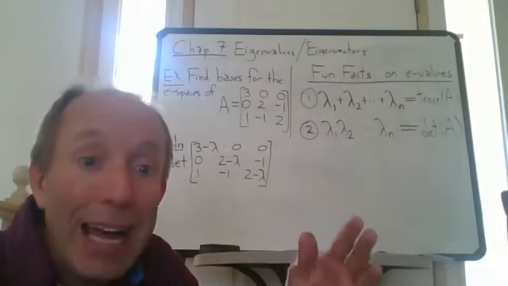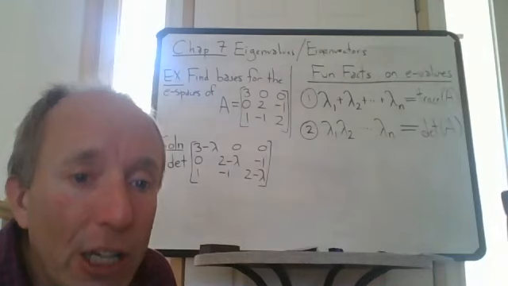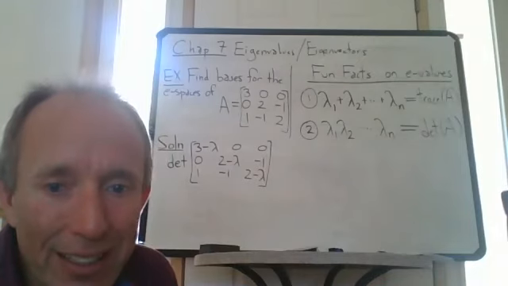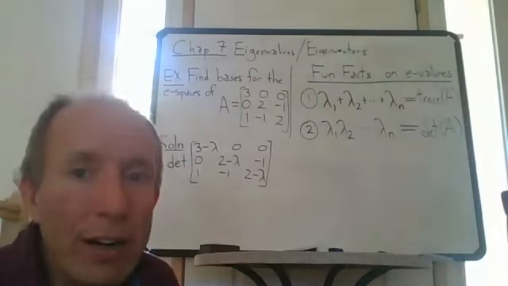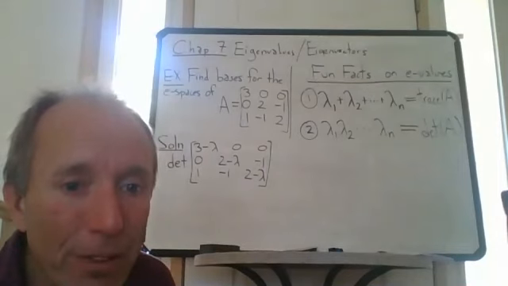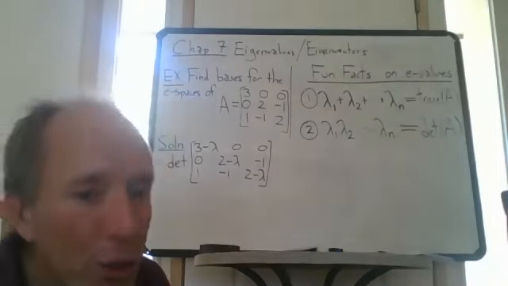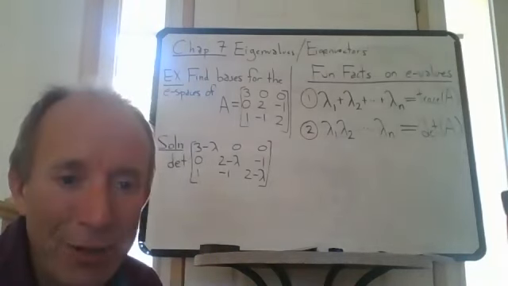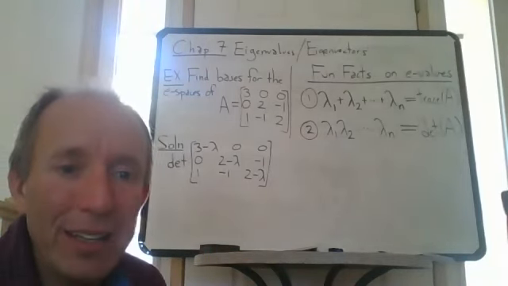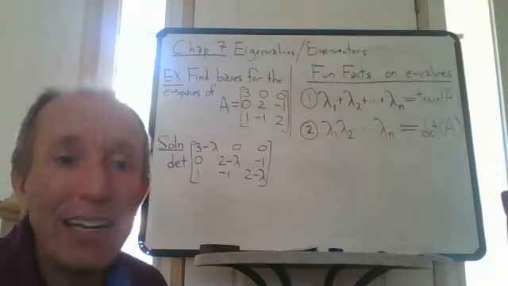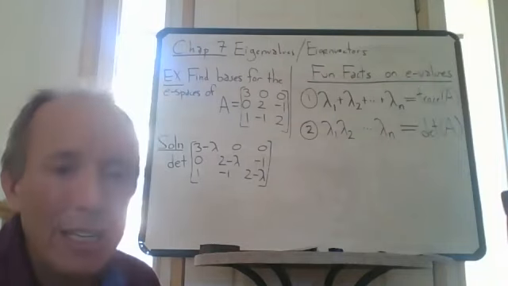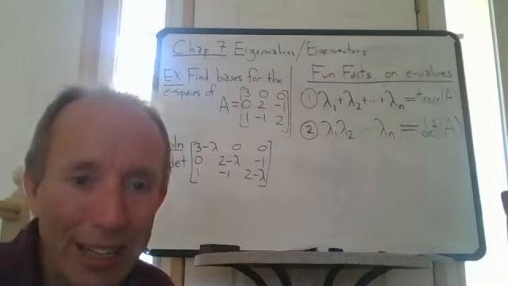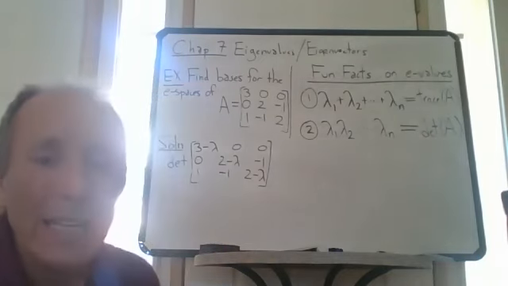When you expand that out, you're going to get a cubic equation for lambda. Cubic equations are not always easy to solve. So for the most part, guys, in chapter 7, even for a 3 by 3 matrix, the arrow method that we learned that was kind of handy back in chapter 3 is not going to be so useful here, right?